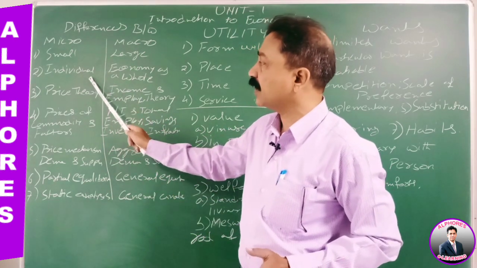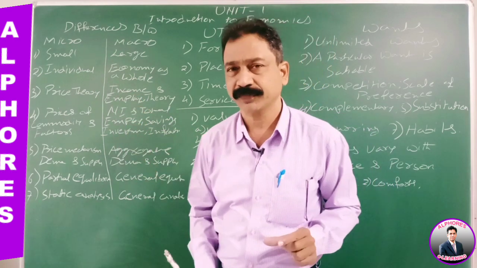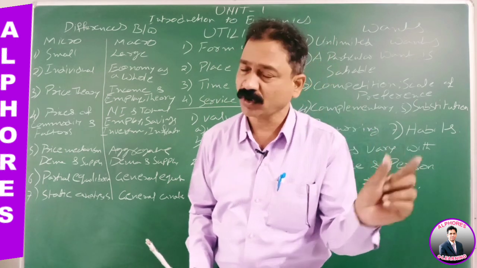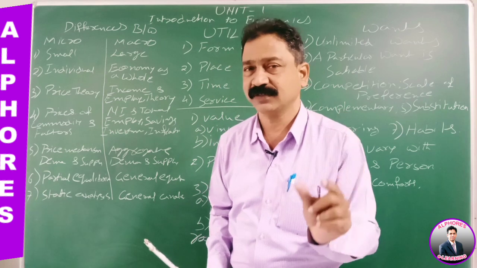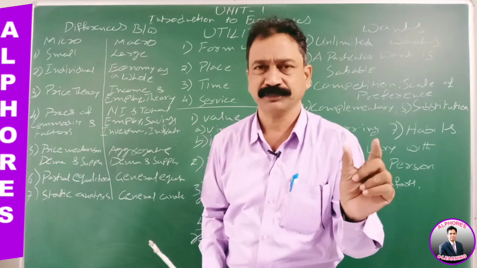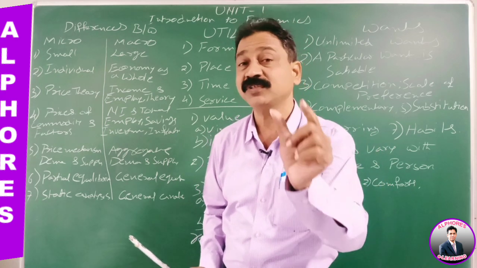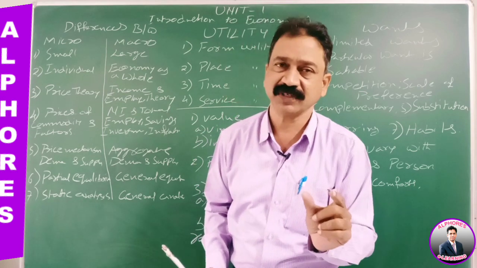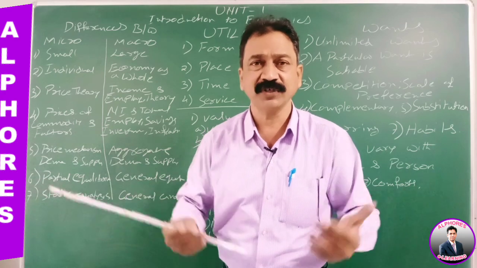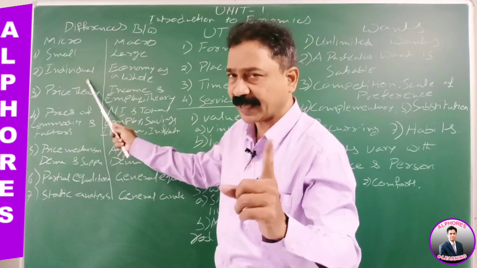The second point is, microeconomics always discusses individual units, individual industries, individual economies, individual persons, individual employees, everything individual. One person's income, one person's expenditure, one person's investments, one person's savings, one person's returns for his efforts, everything individual, one thing at a time.